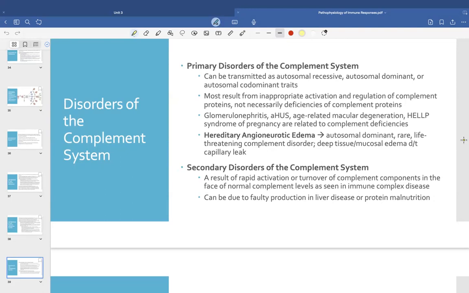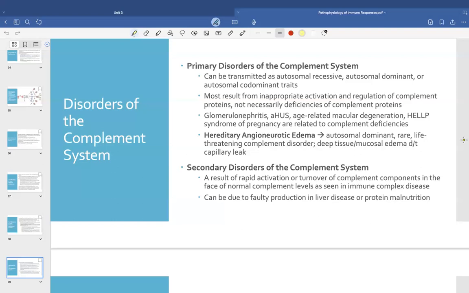There's also a rare but life-threatening hereditary angioneurotic edema. This is an autosomal dominant trait. Essentially it's an overwhelming activation of complement. One of the things we said complement does is lead to vasodilatation of your capillary beds.